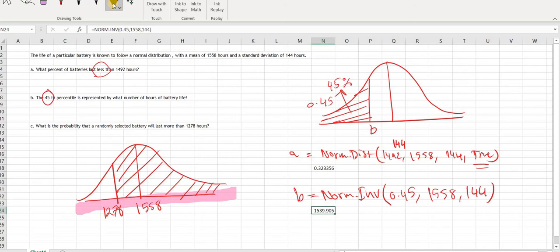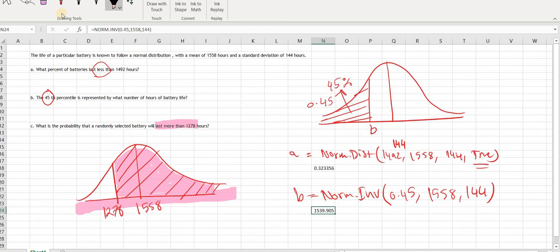So the probability is the area under the curve. Since it says more than 1278, we want to find all of the area to the right of 1278, which represents the probability that the battery is going to last more than 1278.